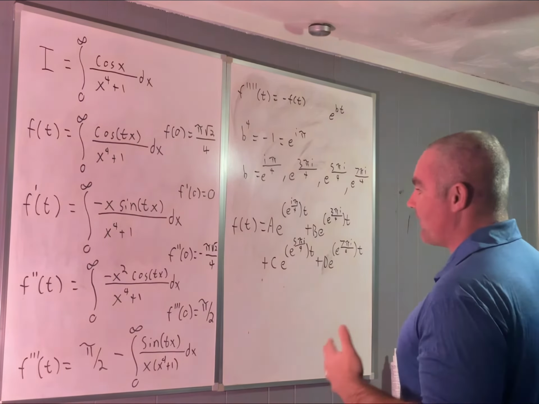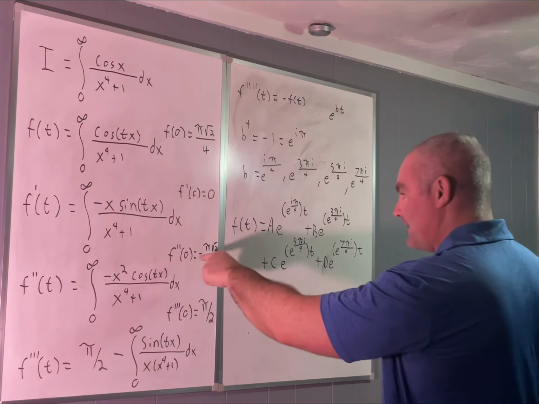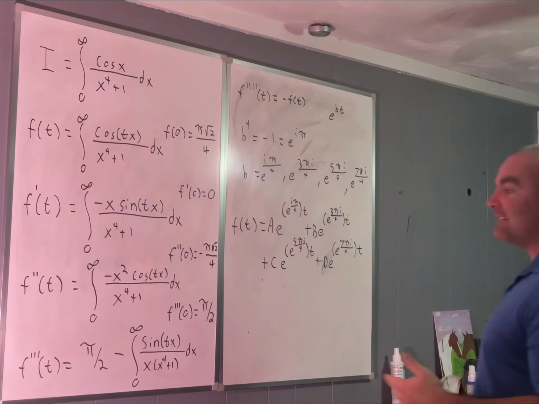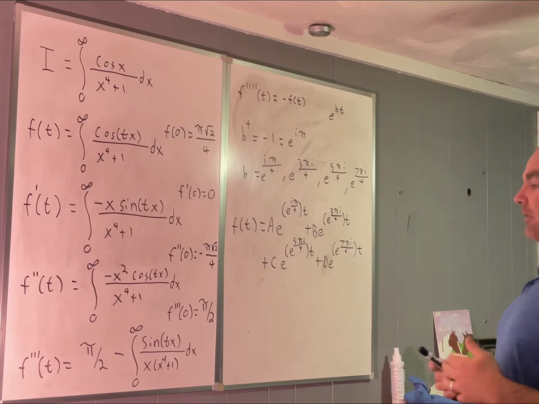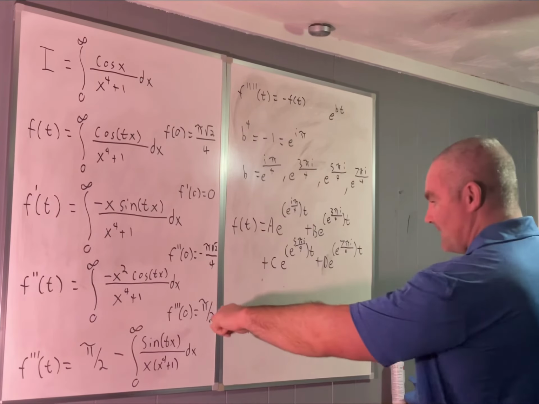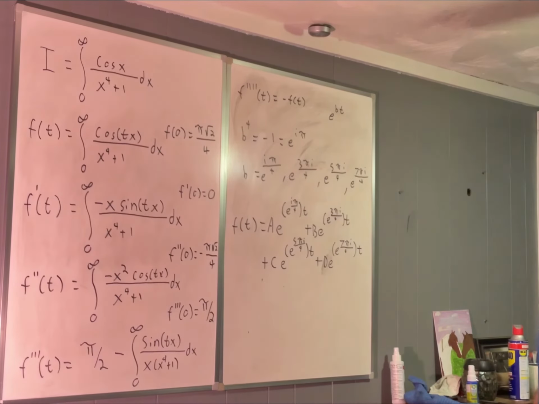Then we'd need to take another derivative, evaluate it at 0 and set it equal to negative pi square root of 2 over 4. And then finally take another derivative, evaluate it at 0 and set it equal to pi over 2.